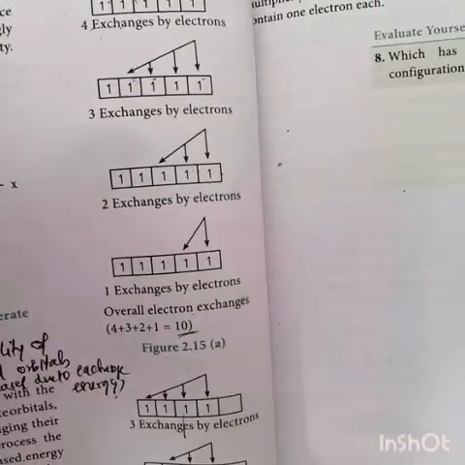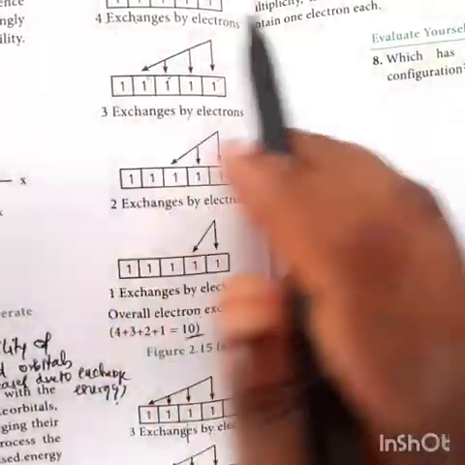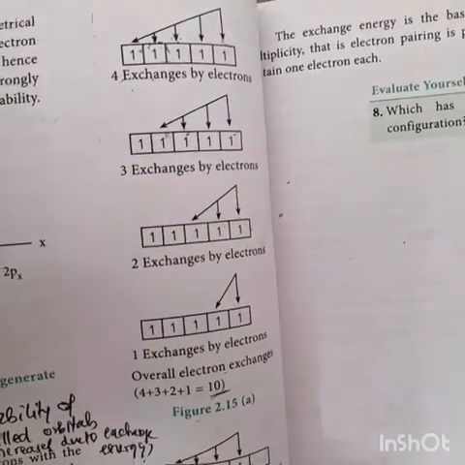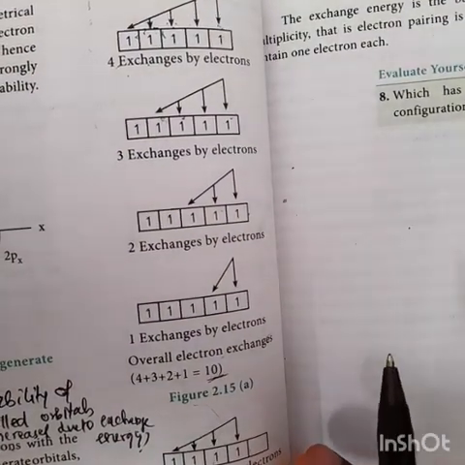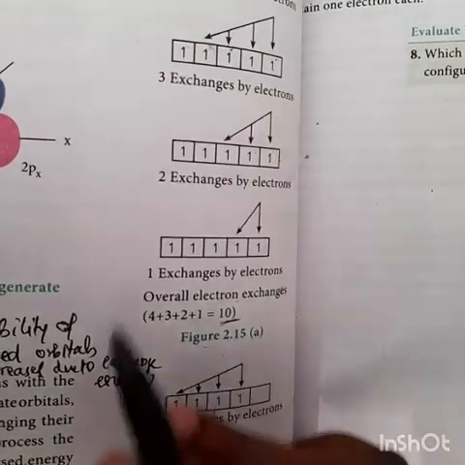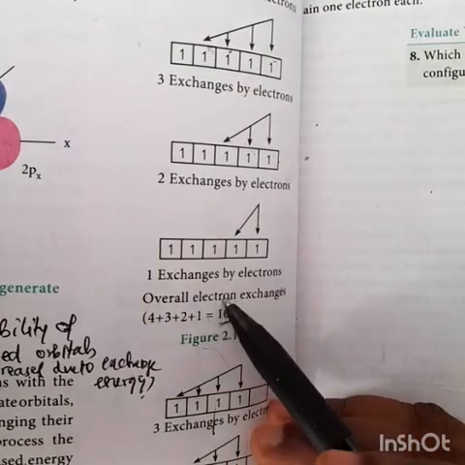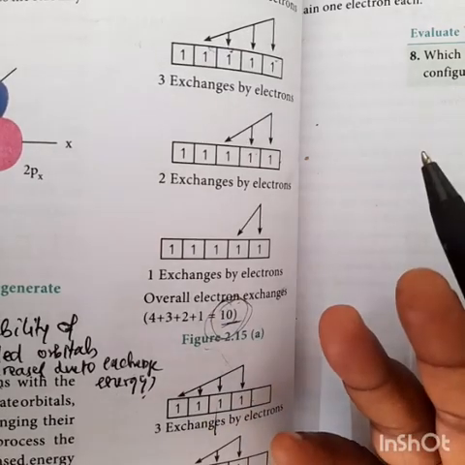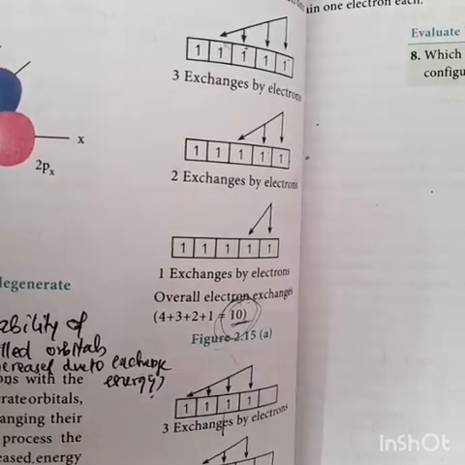During the exchange of electrons, energy is released. Okay, excess energy is released. So with a large number of electron exchanges, very high energy is released, so it is very highly stable.